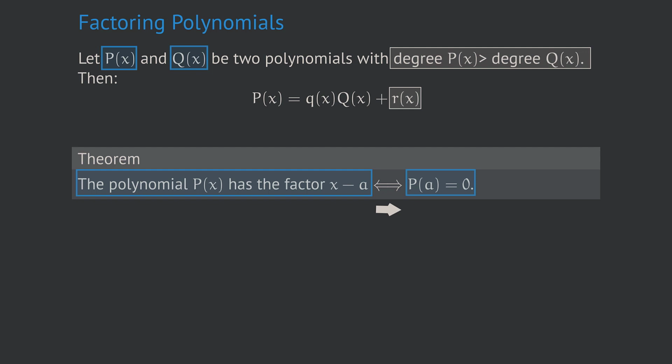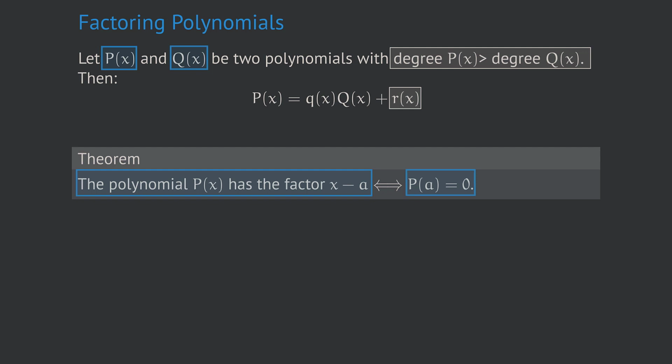That means that a is a root of p. That is the direction I've just demonstrated to you. The other direction says that whenever we have a root a of a given polynomial, then we know that x minus a is indeed a factor of this polynomial. So that means that we can be sure to be able to split away this factor x minus a from the polynomial.